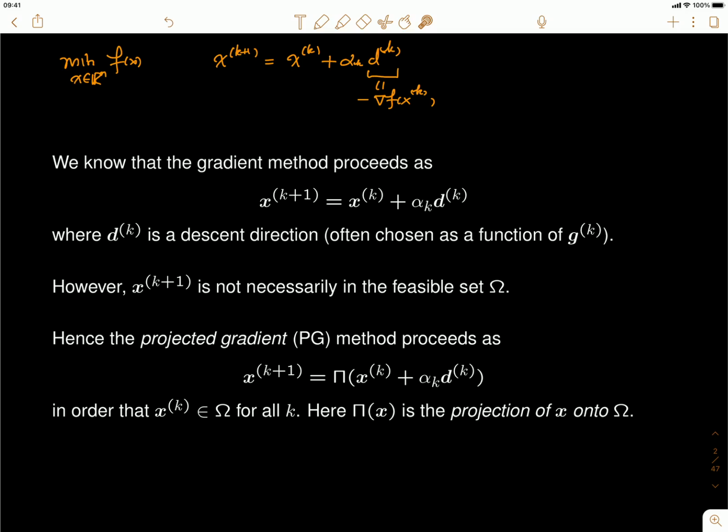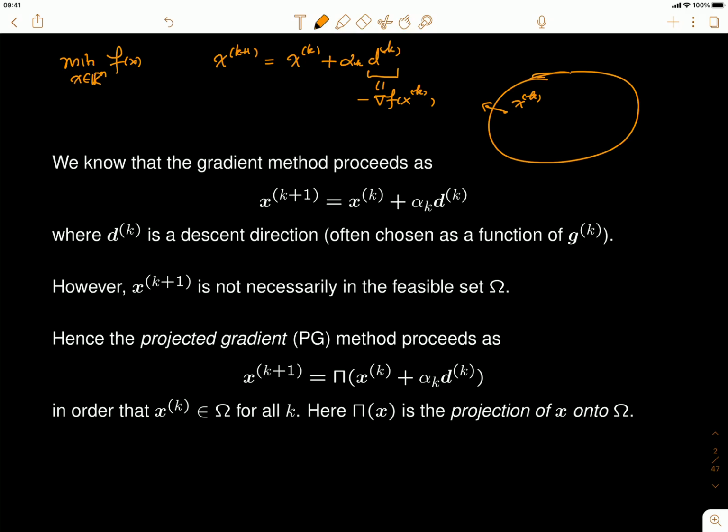Since when we do this, we know that this is our set. Then, for example, this is where x_k is, and suppose that d_k is pointing in that direction.